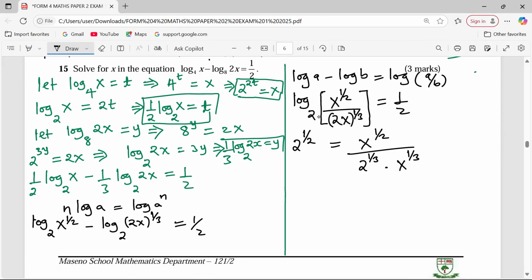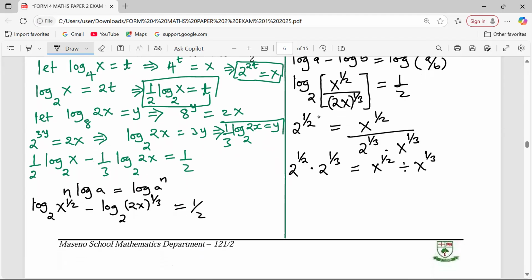In case we apply some laws of indices, we can multiply by 2 power a third both sides. So that 2 power half is being multiplied by 2 power a third. And this shall be x power half being divided by x power a third.